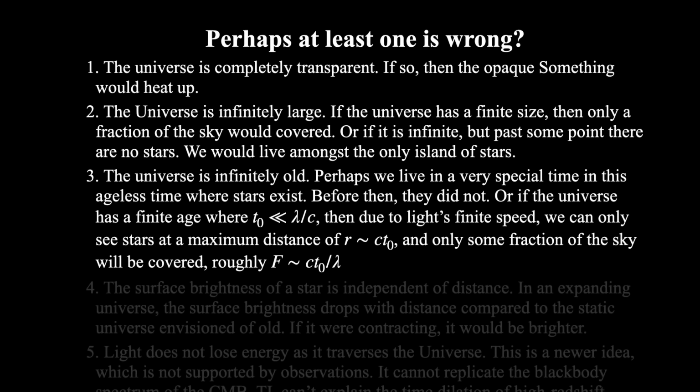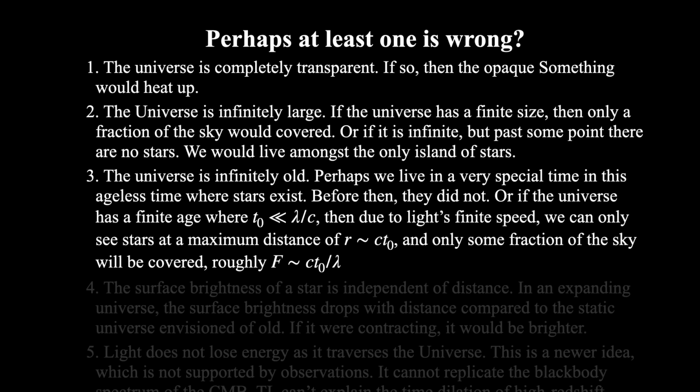Next, let's look at the assumption of the infinite age. Well, perhaps we can violate that by saying we live in a really special time in this ageless time where stars truly now exist. And before then, they didn't. Or if the universe has a finite age, where, say, t sub naught is much less than the size, lambda, divided by the speed of light.